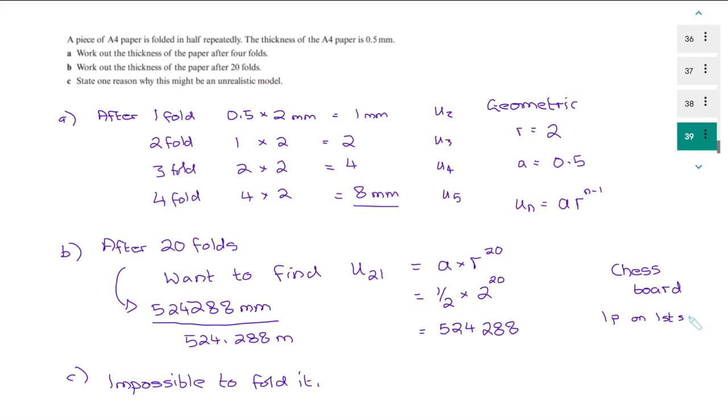You go across your chessboard and then along each row, and you double each time. How much will you have at the end, on the 64th square of your chessboard?